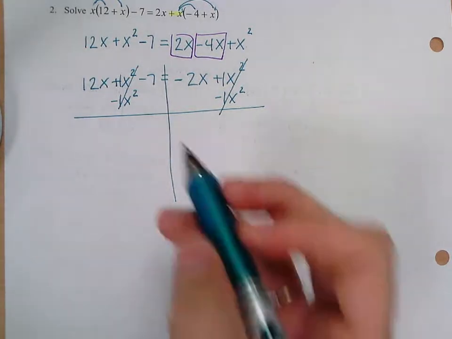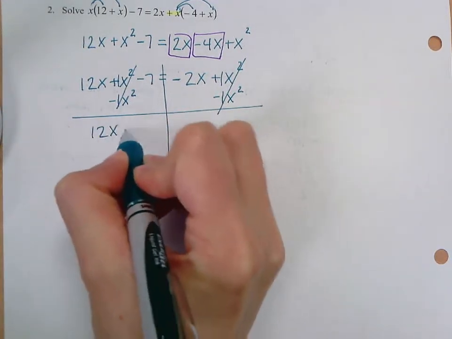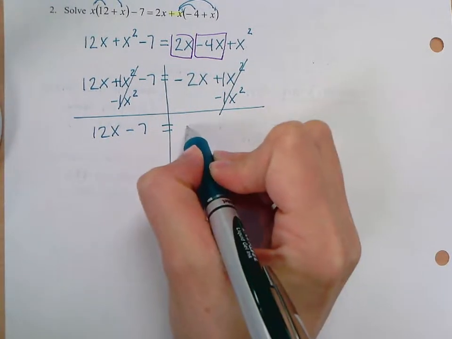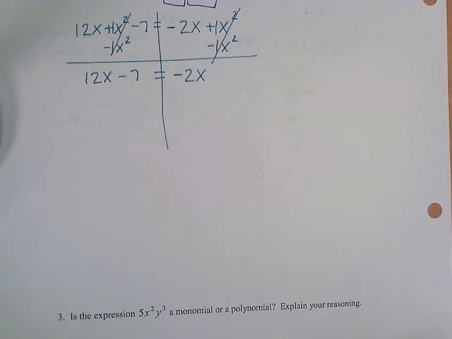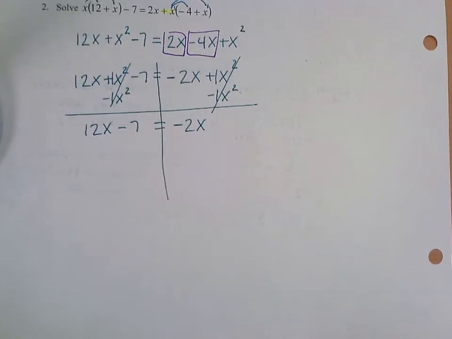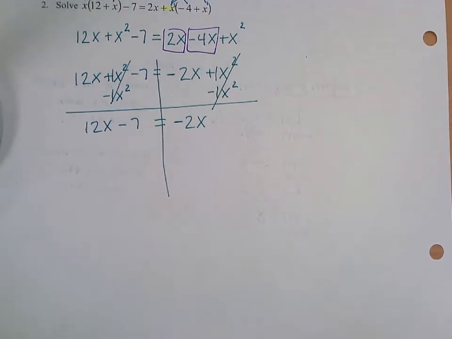Okay, so I write down what I still have left. I still have 12x minus 7 equals, and then I just have a negative 2x. Try to keep all the steps up here. So now I want my x terms on the same side. So what would my next step be, Andrew?